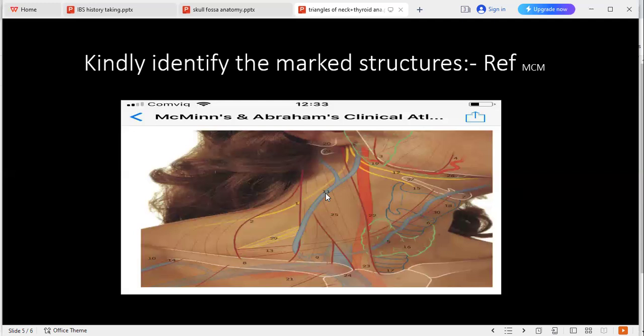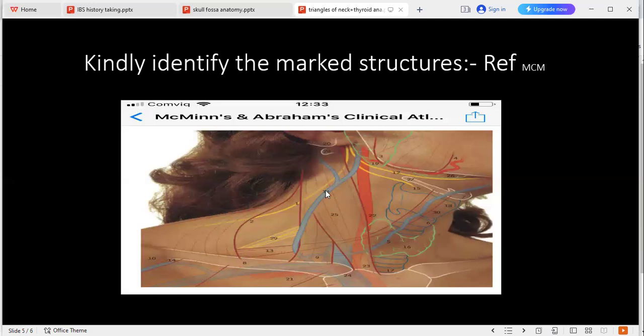It arises at the middle third of the clavicle and runs upwards through the posterior triangle. It is formed from the retromandibular vein and the other one I forgot.